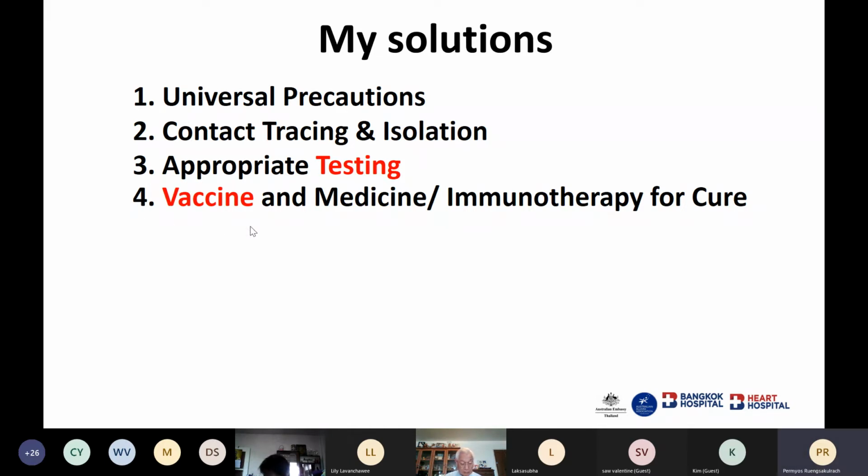We have to keep developing new vaccines. If we can get ahead of the virus, then we can stop the virus spreading. And also the medicine, immunotherapy, and the testing. Testing is also important, but somehow it may be difficult.